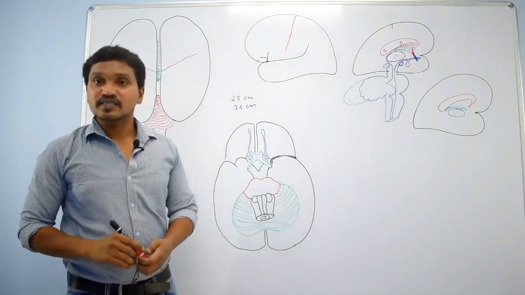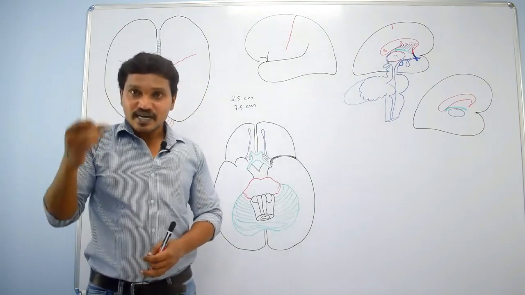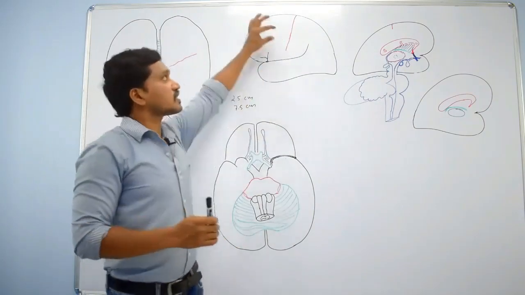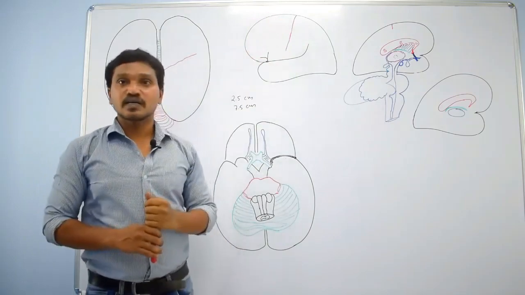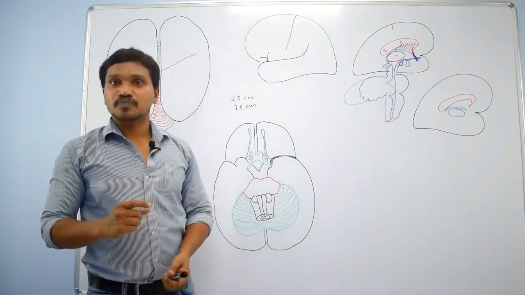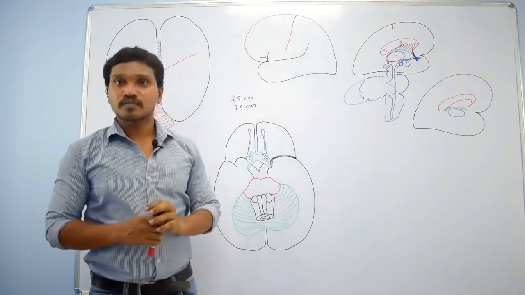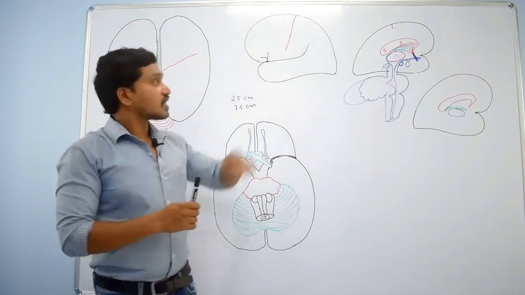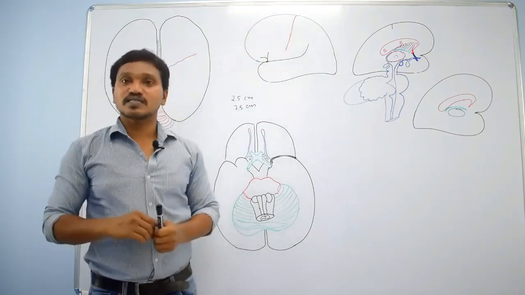That's why, if you observe the brain, in the middle part of the central sulcus the depth is shallow compared with above and below, because the transverse gyrus is there.